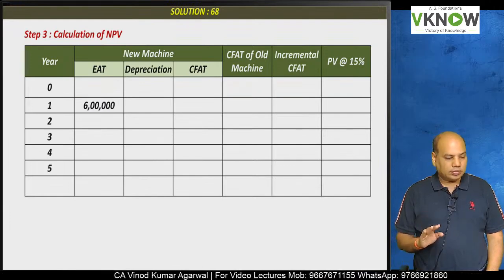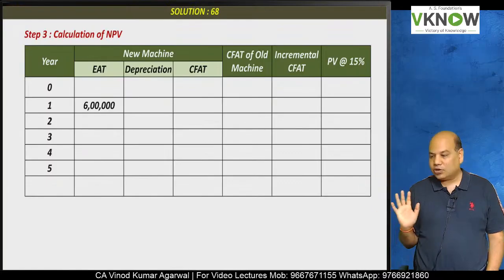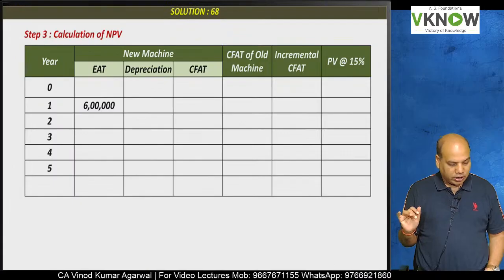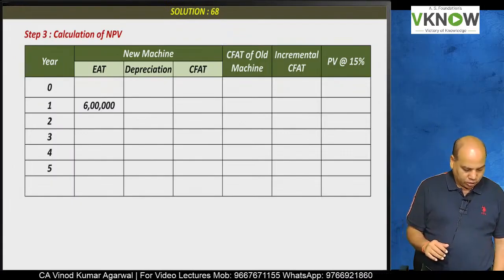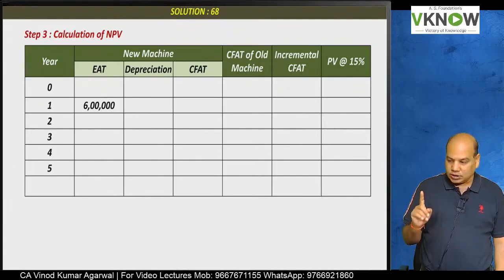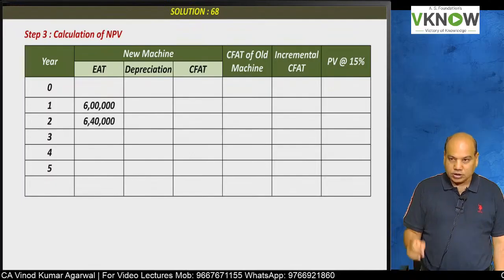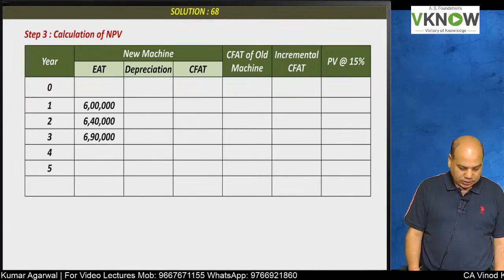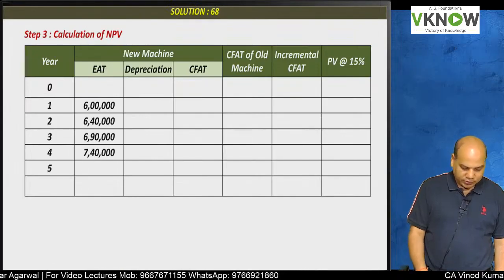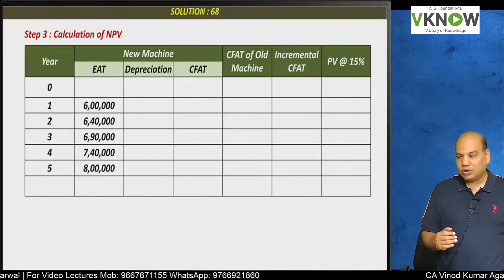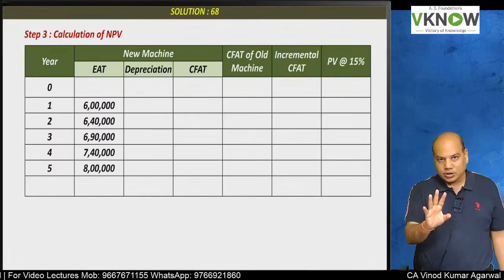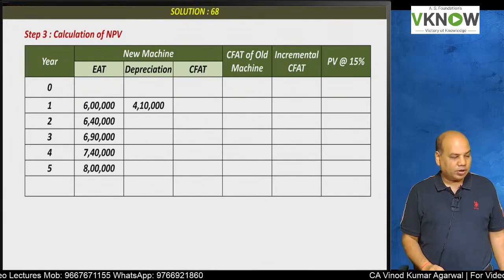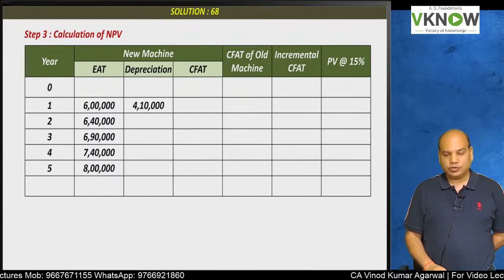Year 0: that figure I will write in the last 2 columns only. Look at your question. Earning after tax of new machine: 6 lakh, 6,40,000, 6,90,000, 7,40,000, 8 lakh. Just write down along with me. Depreciation working note I have prepared, so please go there and copy. You will find 4,10,000 there.